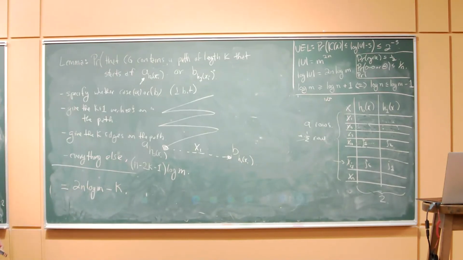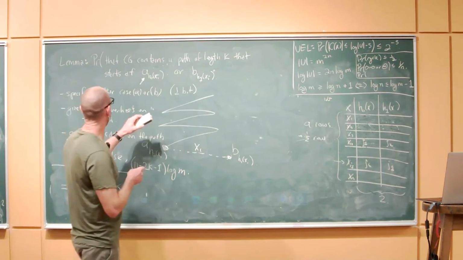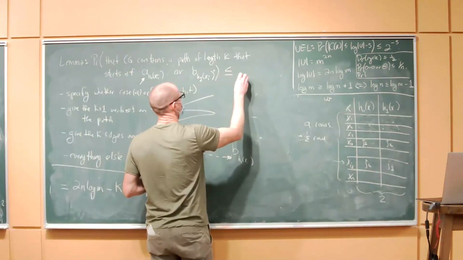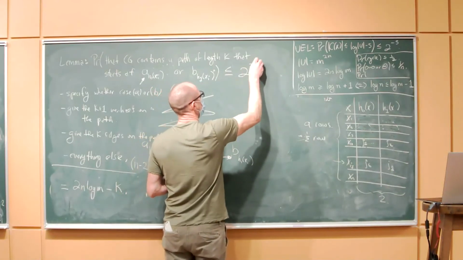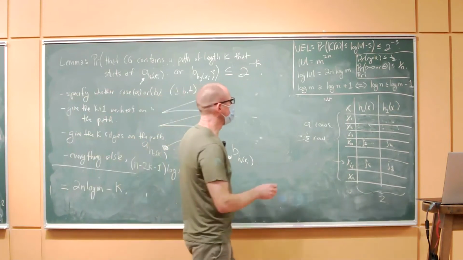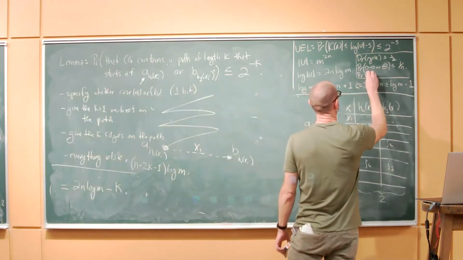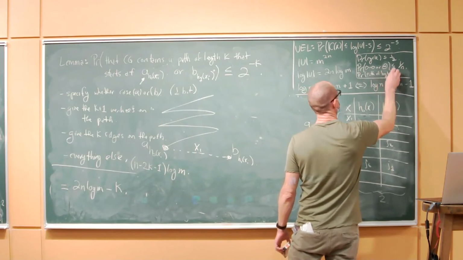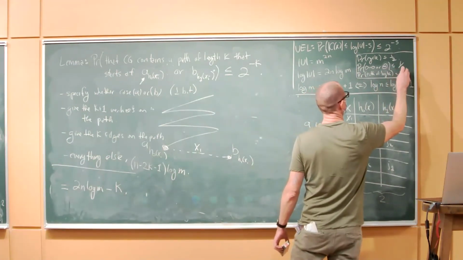And so then that probability is less than or equal to 2 to the minus k. Good. So far we haven't done any data structures. We've only looked at analyzing this graph, but now we're basically done.